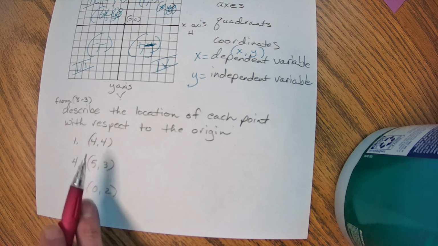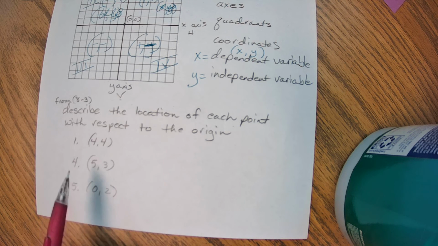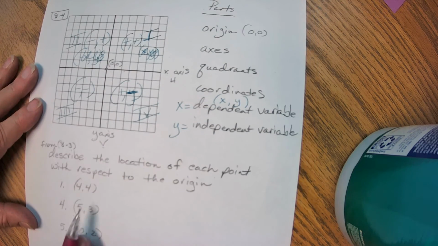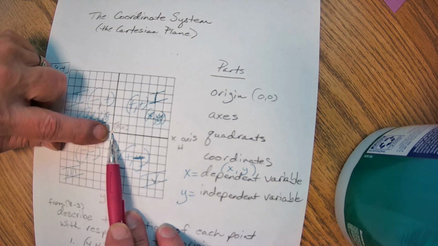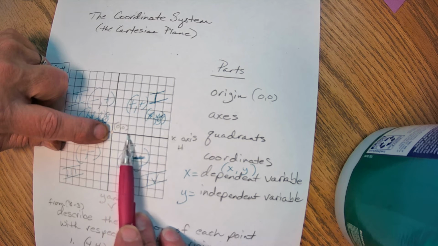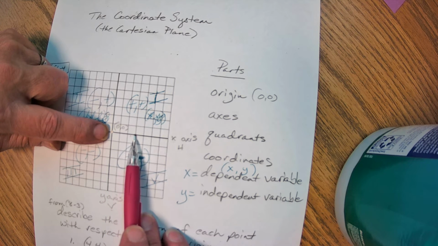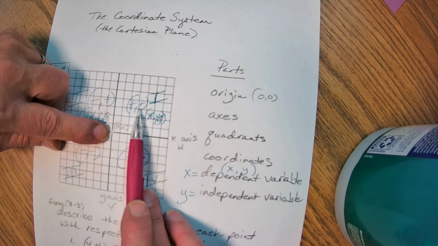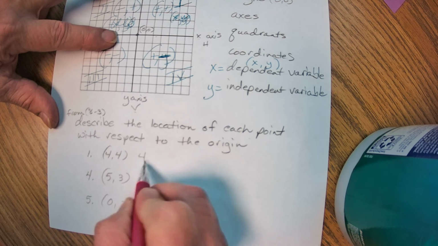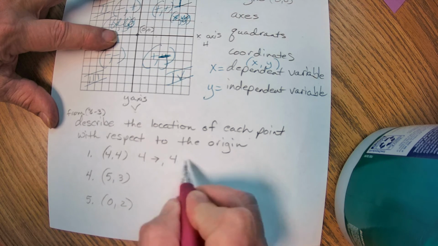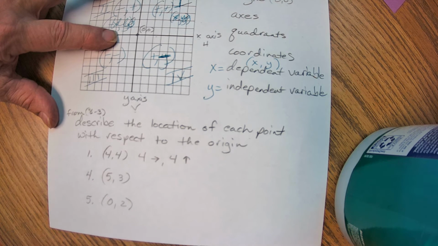For instance, it says describe, you'll find this in your worksheets, describe the location of each point with respect to the origin. Well, if I plot the point 4, 4 with respect to the origin, I go a positive 4 in the x direction and a positive 4 in the y direction. So in other words, this point is going to be 4 units to the right and then 4 units up.